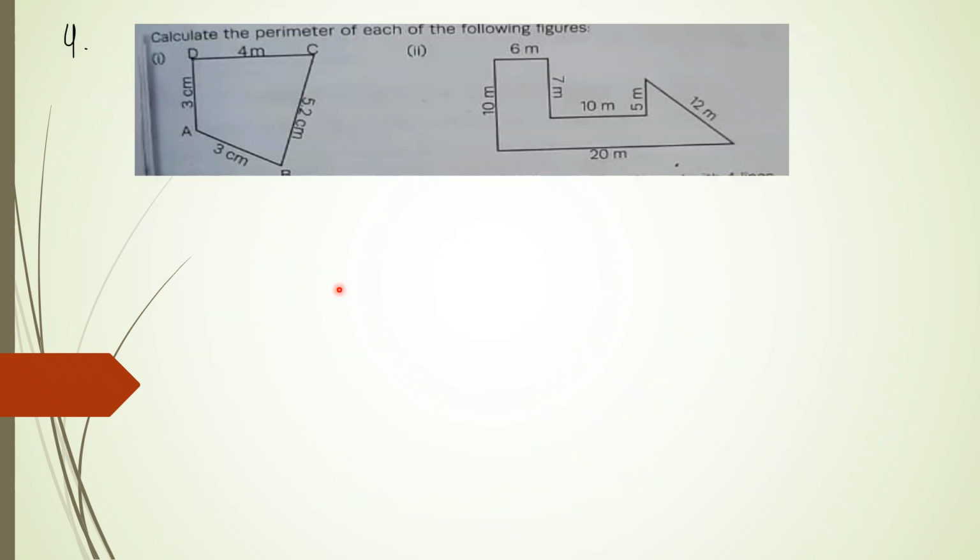Okay, now this figure is a little different, but the procedure is again the same. You have to find the perimeter. The perimeter means the boundary length. The boundary length in each of these figures is given, right? Let's find the first one.